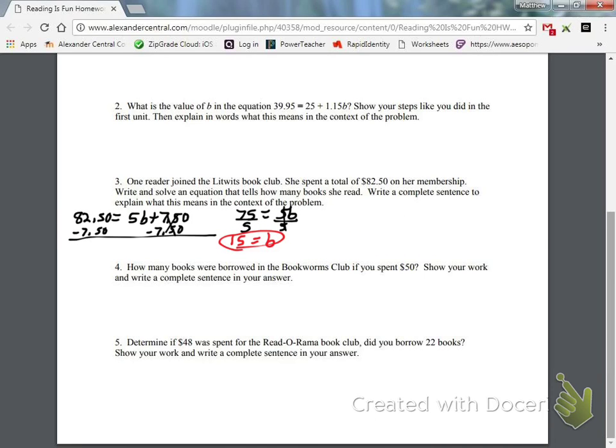Now it asks us to tell us what it means. So in context of the problem there, we got B equals 15. What does that mean? Good. So she read 15 books. But we can tell more than that from the problem, can't we? She read 15 books, and it cost her how much? $82.50.